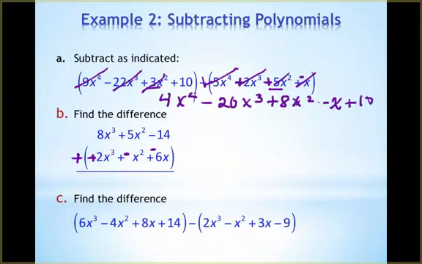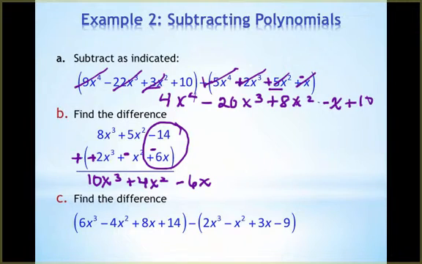So I add the 8x cubed and the 2x cubed and get 10x cubed. 5x squared and negative x squared would be plus 4x squared. Be careful at the end because these are not like terms. They didn't line up, so we bring down just a minus 6x and a minus 14.